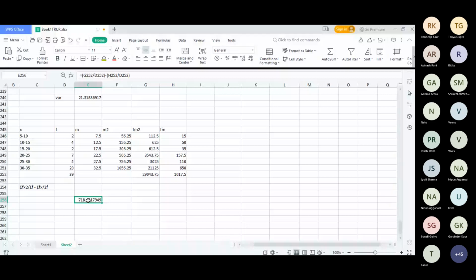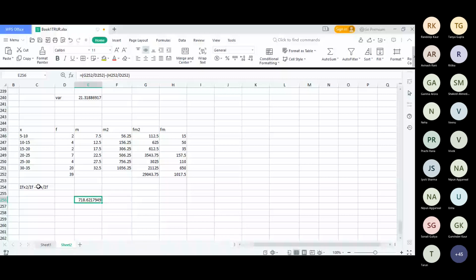There is a certain error in this. To resolve this error, one second. Summation f. So this will also have a whole square, so correct this formula.